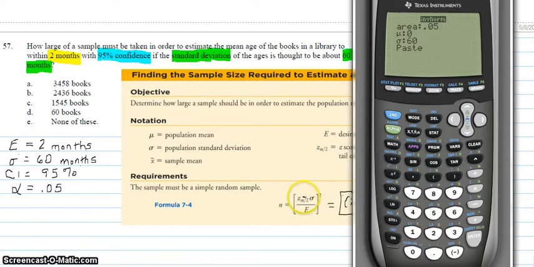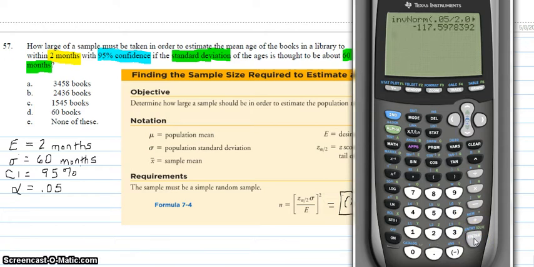Remember though, we need to divide that by 2. Our mu is going to be 0. It said that our standard deviation was 60. That's our population standard deviation. Let's arrow down, enter, enter again.